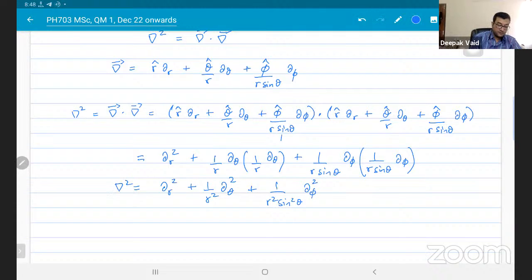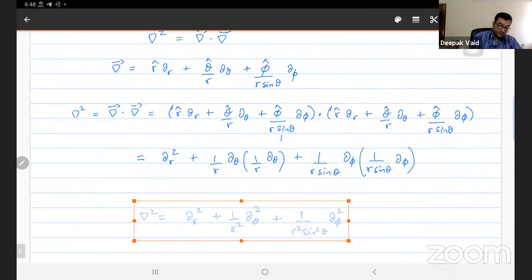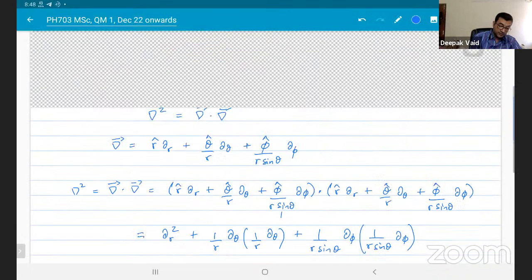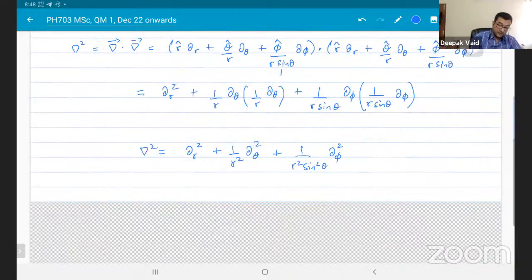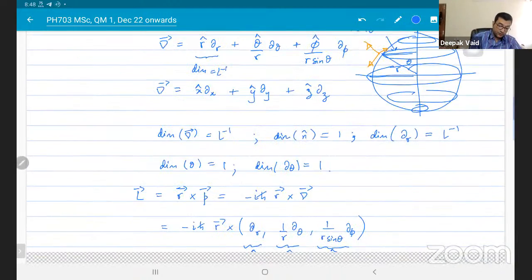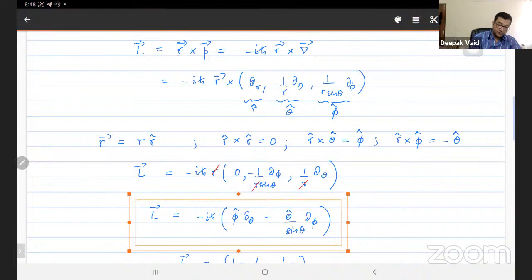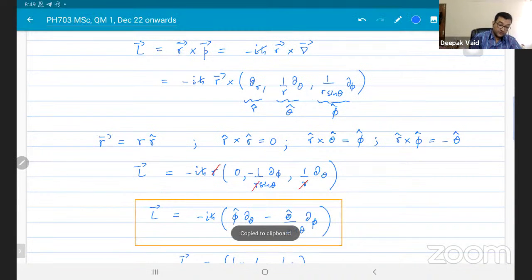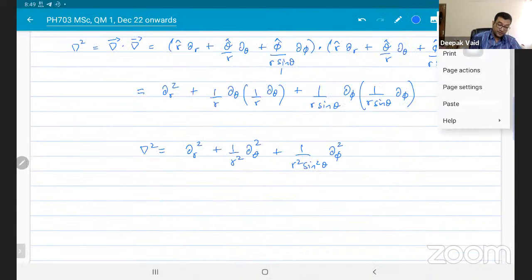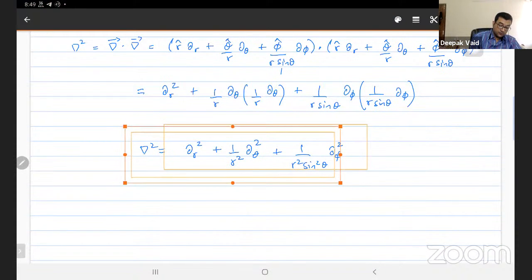Okay. So this is your Laplacian in spherical coordinates, and this is an expression which you should remember. This is not an expression which you should need to look up. You should remember this.